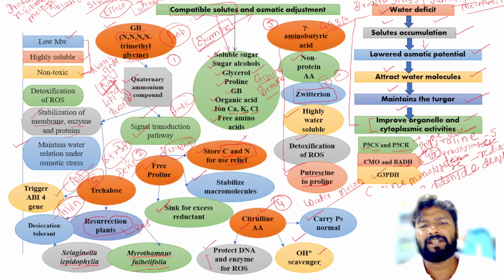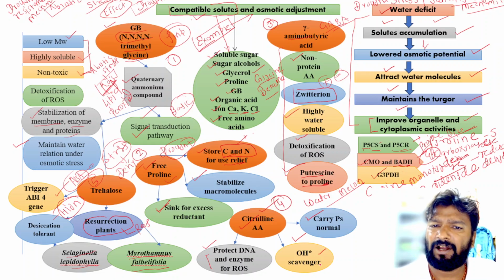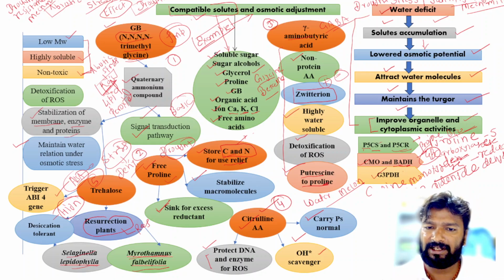So you can say that there are many types of compatible solutes which are mainly involved in detoxification of ROS, stabilization of membrane, enzymes and proteins, and maintaining water relations under stress conditions. So this is about the compatible solutes. Hope you understood today's lecture regarding this. Thank you very much.